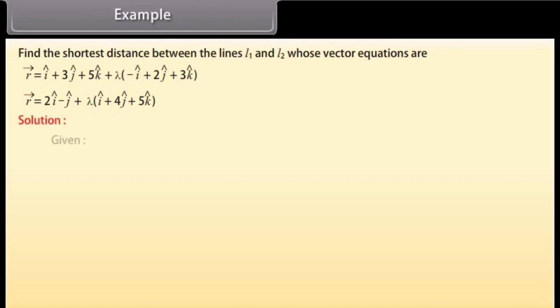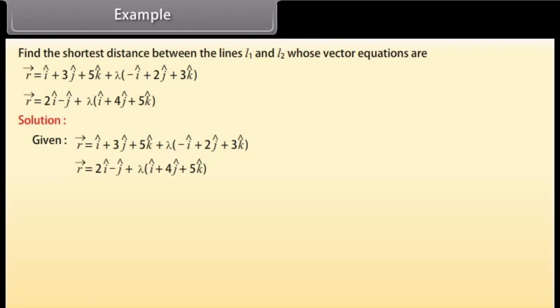Solution. Given vector r equals i plus 3j plus 5k plus lambda times (minus i plus 2j plus 3k), and vector r equals 2i minus j plus mu times (i plus 4j plus 5k).